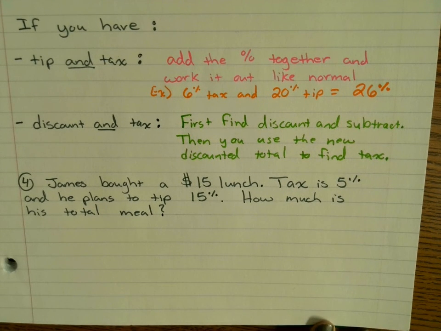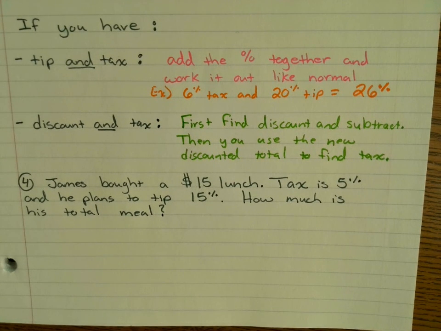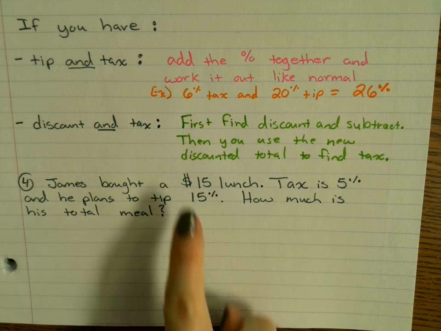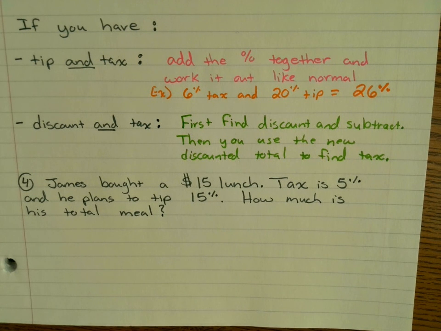All right, James bought a $15 lunch. Tax is 5%, and he plans to tip 15%. How much is his total meal? Okay, so we have tax and we have tip. When we have tax and tip, what did I say that we have to do first? Add the percentages together.